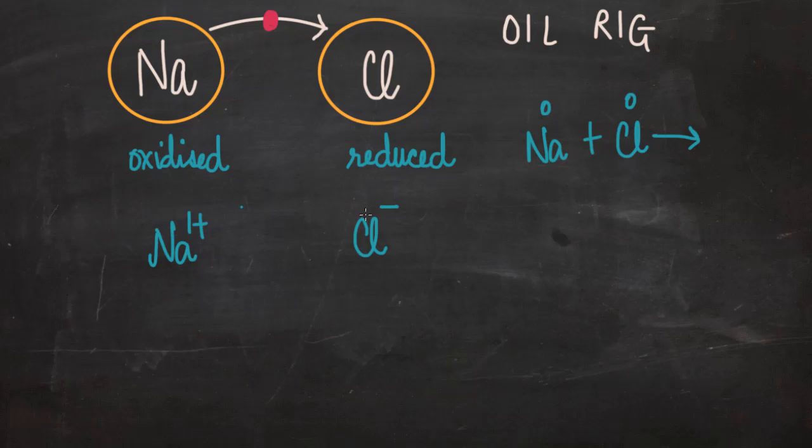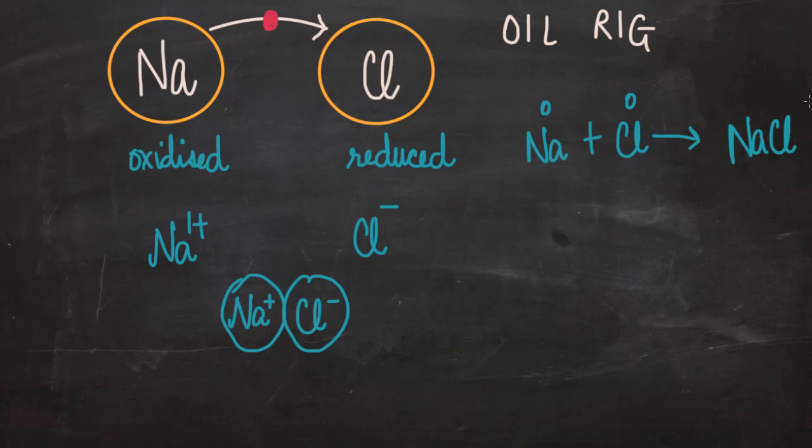Since these are oppositely charged, they get attracted to each other and they form a compound which is sodium chloride or our common salt. So they form NaCl, and NaCl is an ionic compound. It contains ions. Sodium has a charge of +1. Chlorine has a charge of -1.